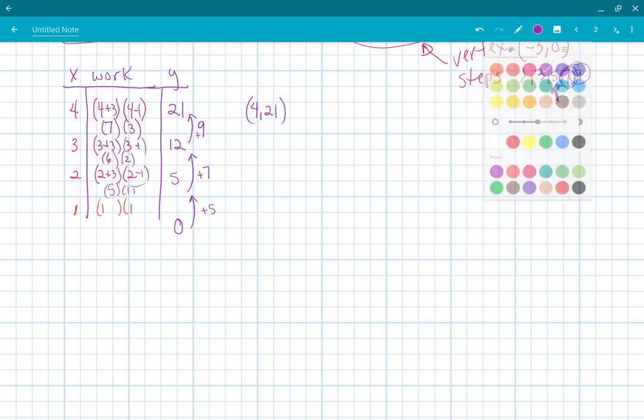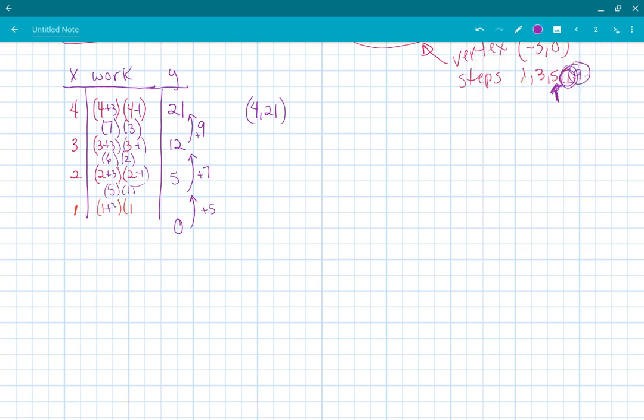Notice I'm trying to put the x's in red. By the way, you can see a pattern: 7, 6, 5. What do you think this is gonna be? Look, 7, 6, 5, 4. Let's follow the pattern. 3, 2, 1. What do you think the next number is going to be? 0.